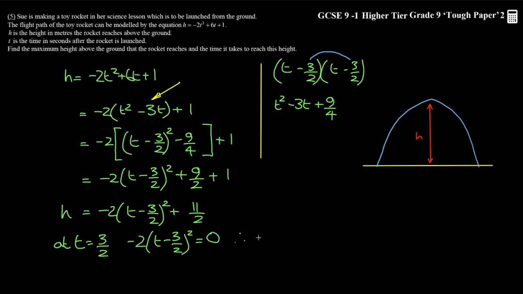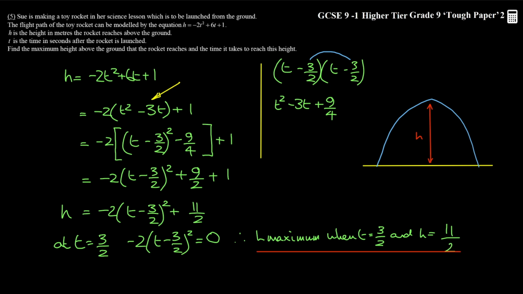So therefore I can say h will be maximum when t is equal to 3/2, and at that time h will be equal to 11/2. You see, 11/2 is the value of h, provided it's not pulled down by the negative influence of this first term. So the maximum height will be 11/2. And that will be your answer.